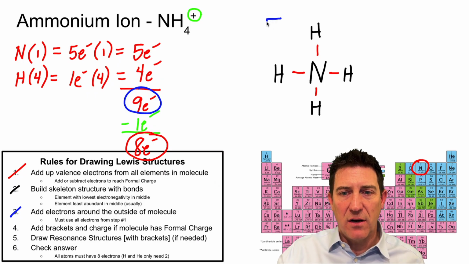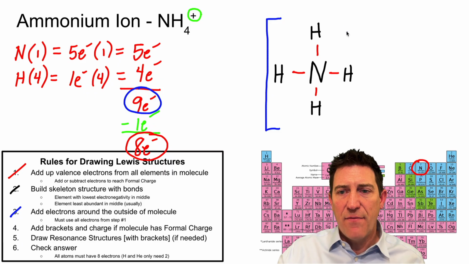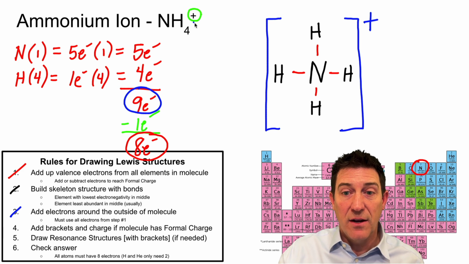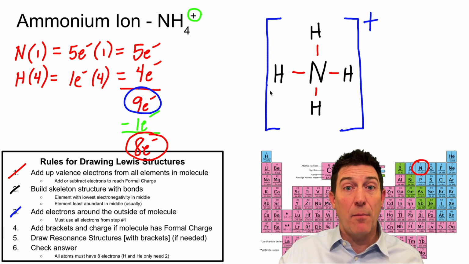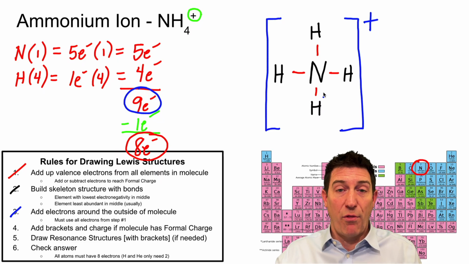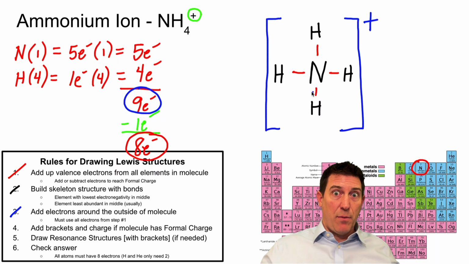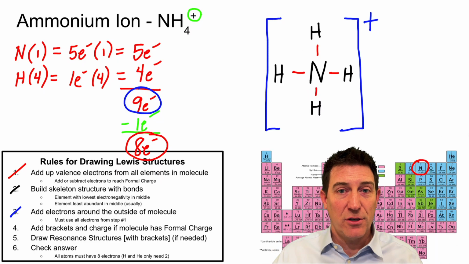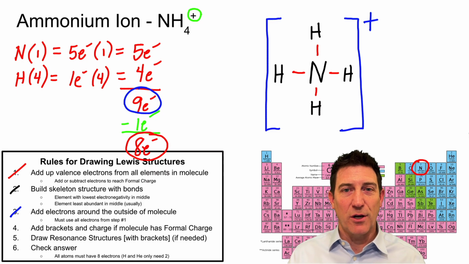Here's what brackets are. I just put it around like this. The purpose of adding the brackets is to show that this positive charge right here belongs to that entire molecule. And that whole thing can go ionically bond to something with a negative charge. So this is the Lewis structure for our ammonium ion.